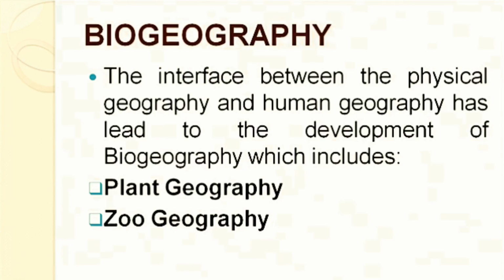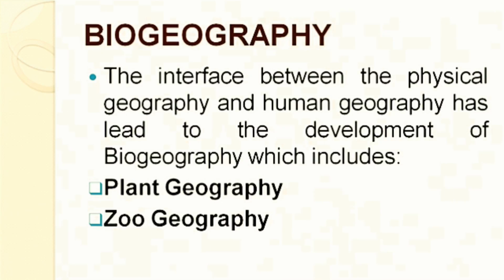Next, biogeography. The interface between physical geography and human geography has led to the development of biogeography. We can say it is a hybrid geography where we find the characteristics of both physical and human geography.